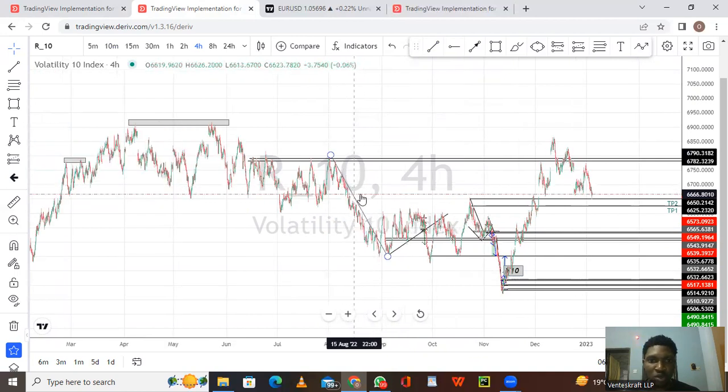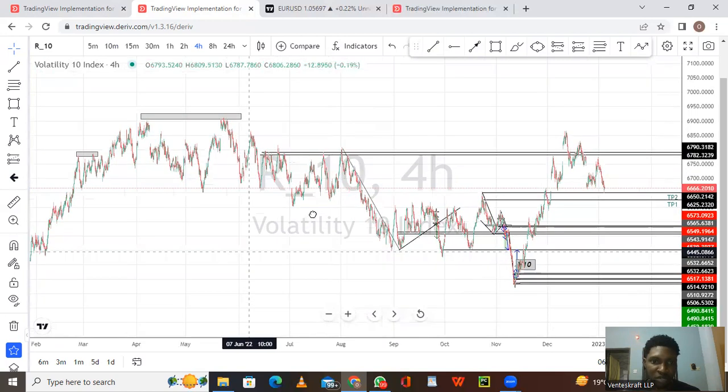Because you don't have to see a structure on the higher time frame and then think that structure is peculiar to only that time frame, that it cannot happen on other time frames. No, price is fractal. What it means is whatever is happening on the higher time frame will definitely happen on the lower time frame.